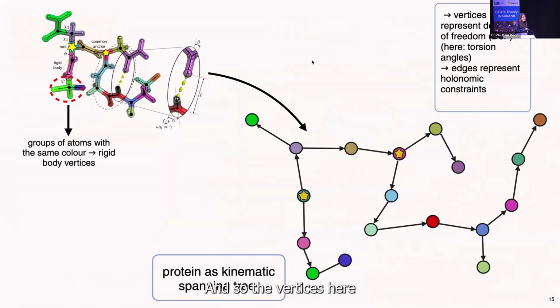The vertices here represent the degrees of freedom, and the edges represent the holonomic constraints. I can also have some other bonds, which is important in this part: the hydrogen bonds, which are the ones that allow more variation in the distance between the groups.